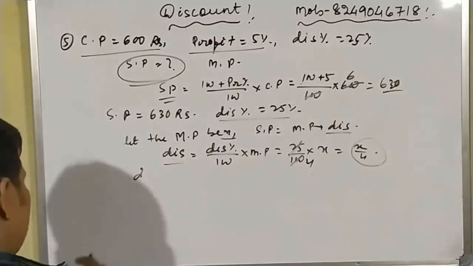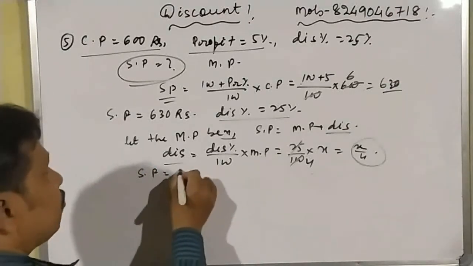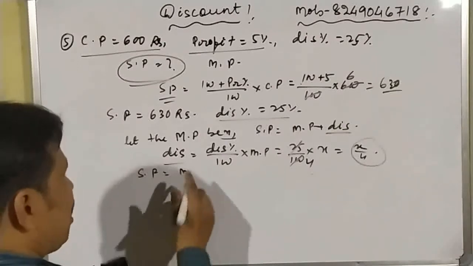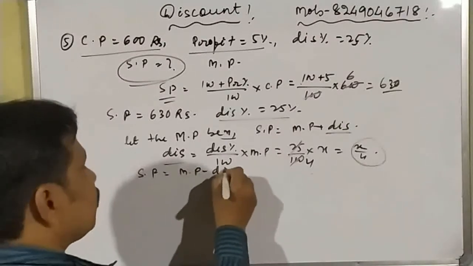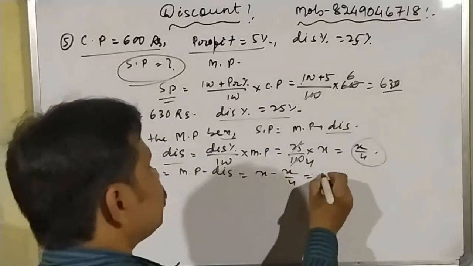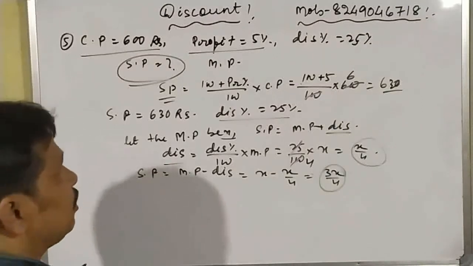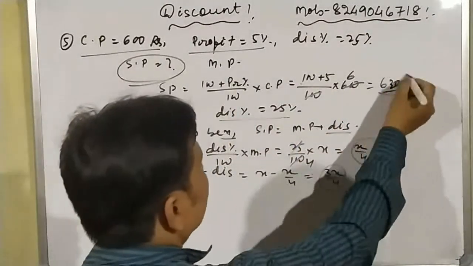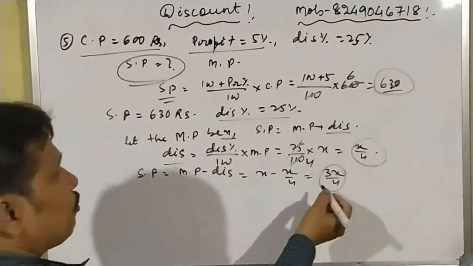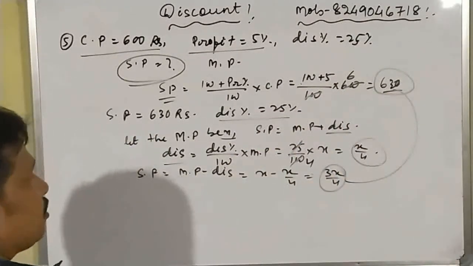So selling price is equal to how much? Mark price minus discount, which is equal to X minus X by 4, which is equal to 3X by 4. Here we have got the selling price, but we have already found the selling price. So by equating these two things, we can get the mark price.